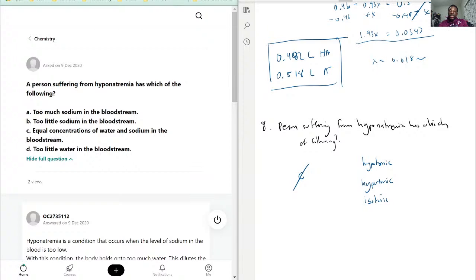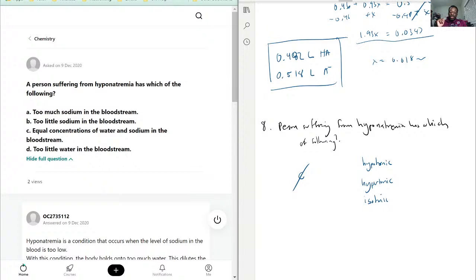Because it's hypo, we know we cannot have equal concentrations of water and sodium in the bloodstream. That won't be correct. So now it goes down to which one we'd like to choose.